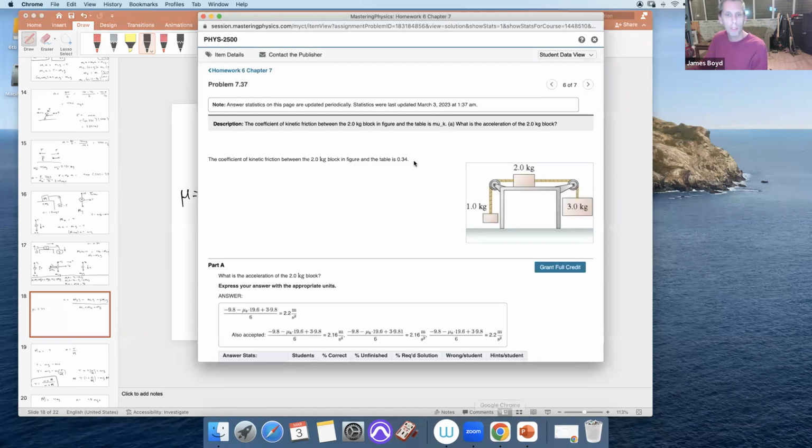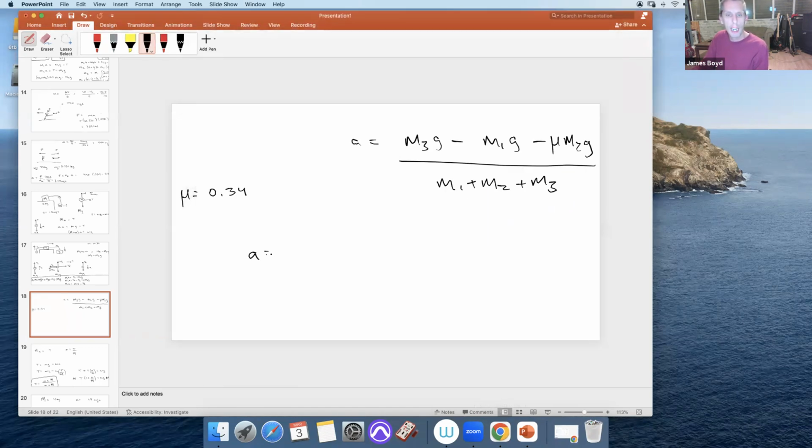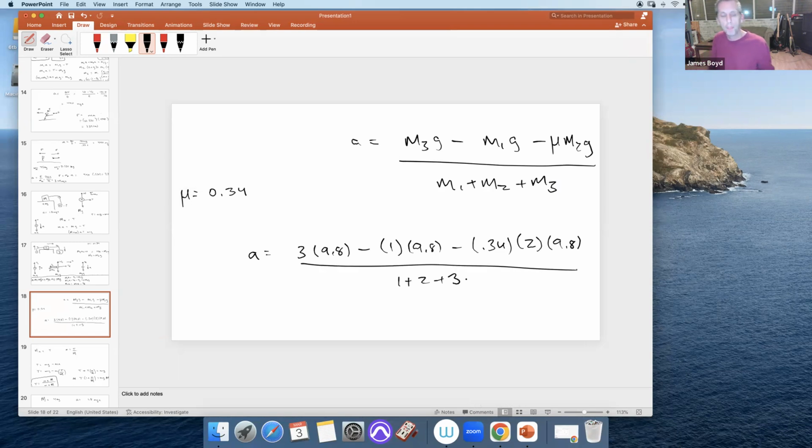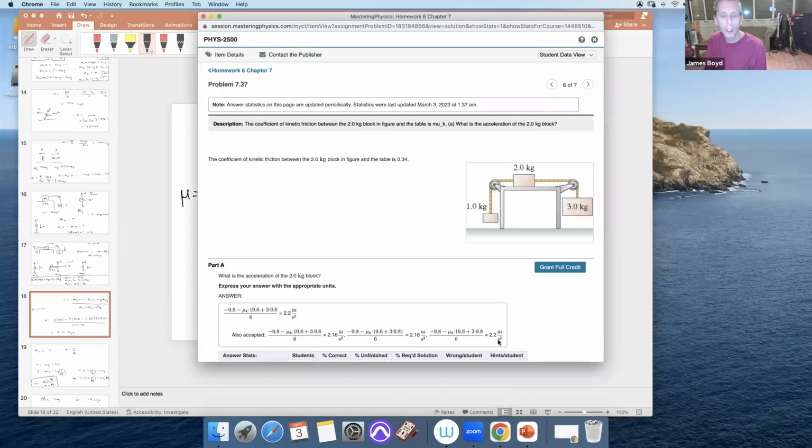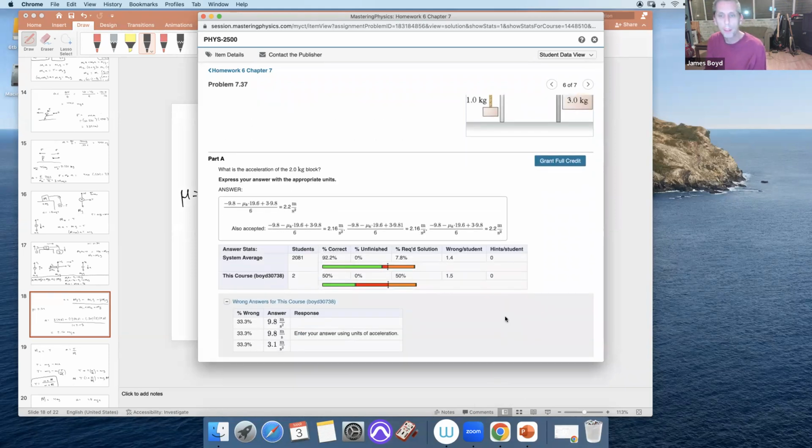So I get A is 3 times 9.8 minus 1 times 9.8 minus 0.34 times 2 times 9.8, over 1 plus 2 plus 3. So I get 2.156 or 2.16 meters per second squared. Or 2.2. They're rounding it up to 2.2.